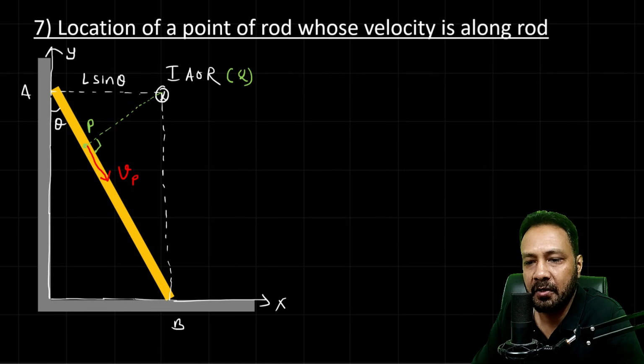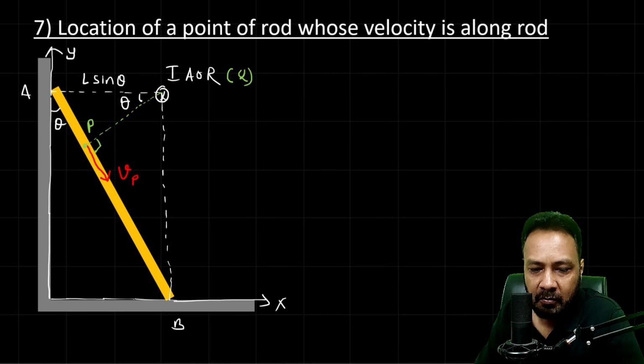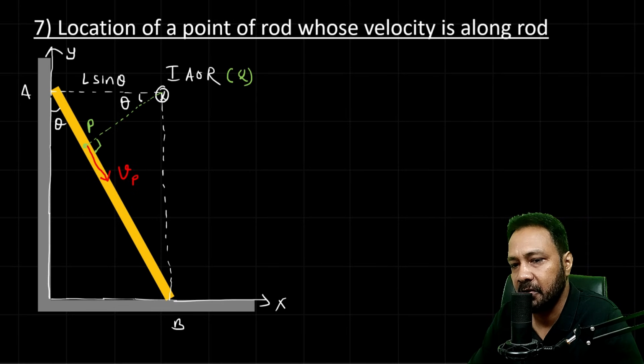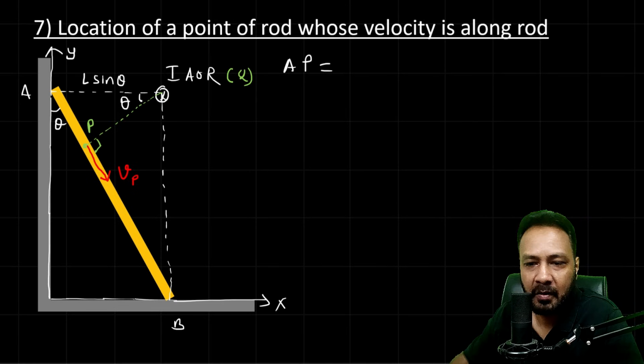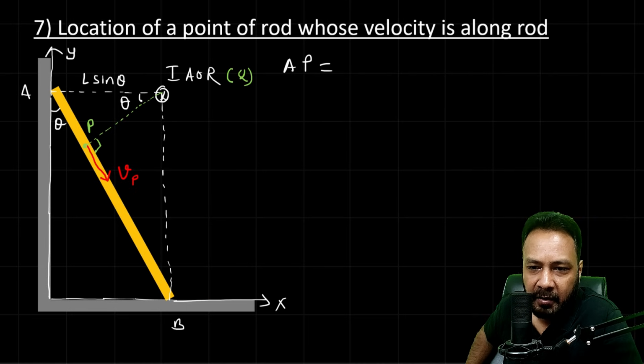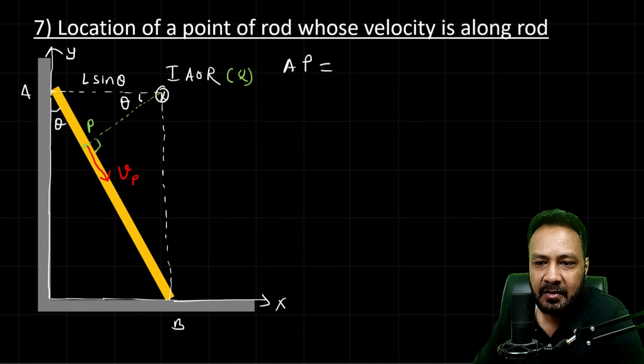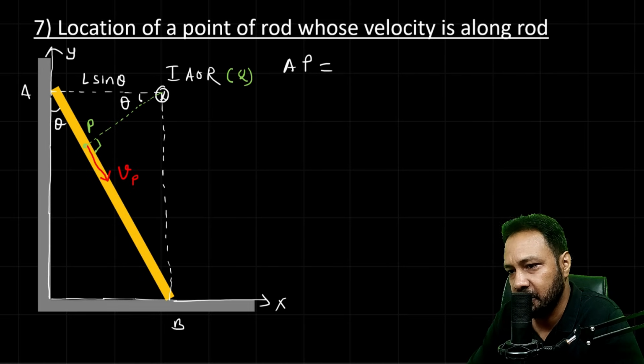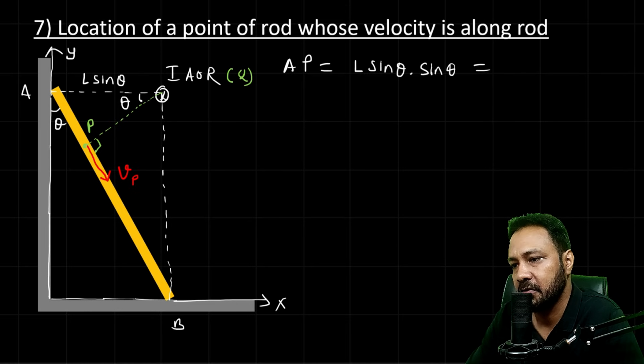This is 90, so that is theta. So from here in the diagram you can see that AP, in the right angle triangle, AP would be L sine theta into sine theta. So AP is equal to L sine theta into sine theta. That is L sine square theta.